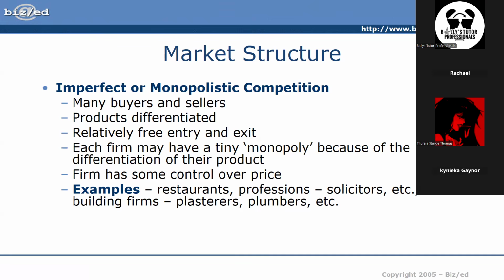In monopolistic competition, that is not the case, right? The products are differentiated in some way, and each company now has some control over the price. They still have many buyers and sellers, and it's still relatively free entry and exit, and they still have a lot of information about the products, but not perfect information though.